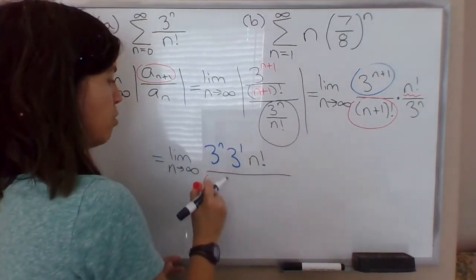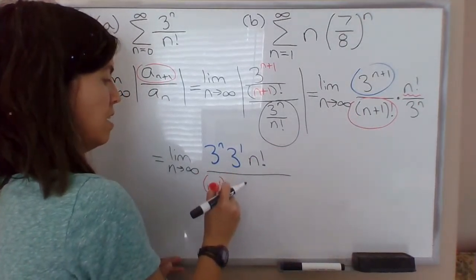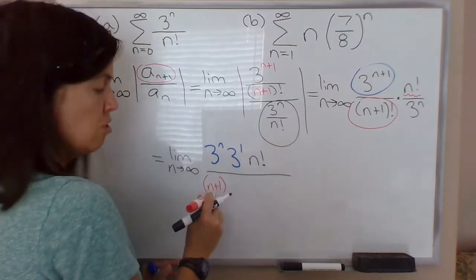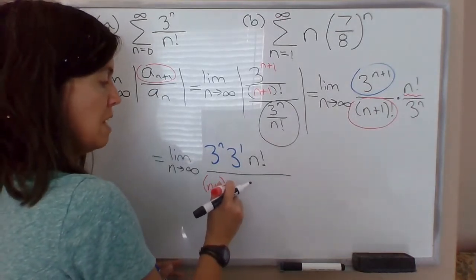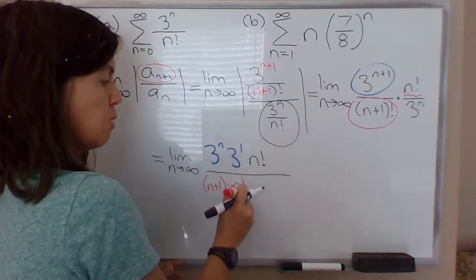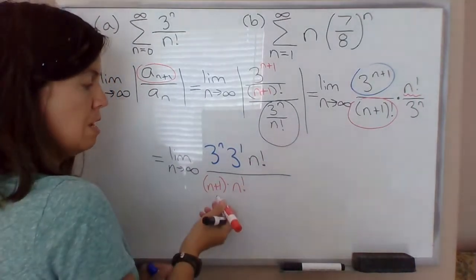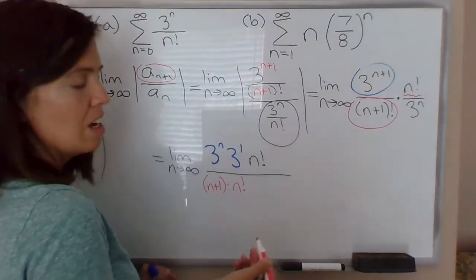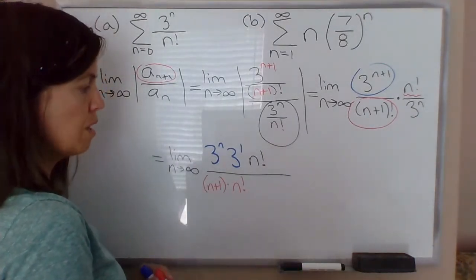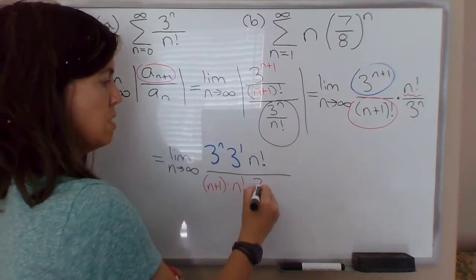So n plus 1 factorial is n plus 1 times the positive integer that comes right before n plus 1, which would be n. So at this point, we could just write n factorial. And so n plus 1 factorial is equal to n plus 1 times n factorial. That's something that you'll use frequently in these problems, times 3 to the n.